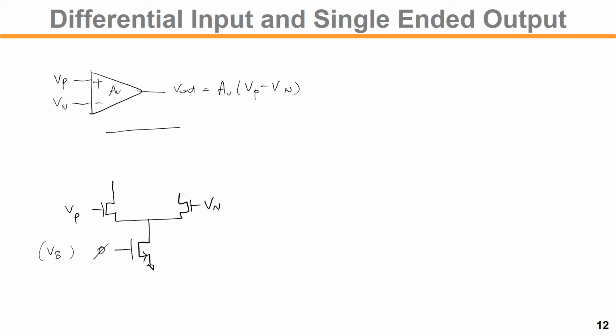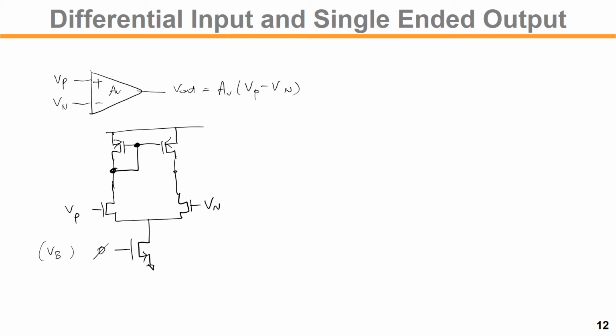For the load, we can construct a PMOS transistor here, like this. Share the gate, and then take the current mirror, the diode connected load like that.